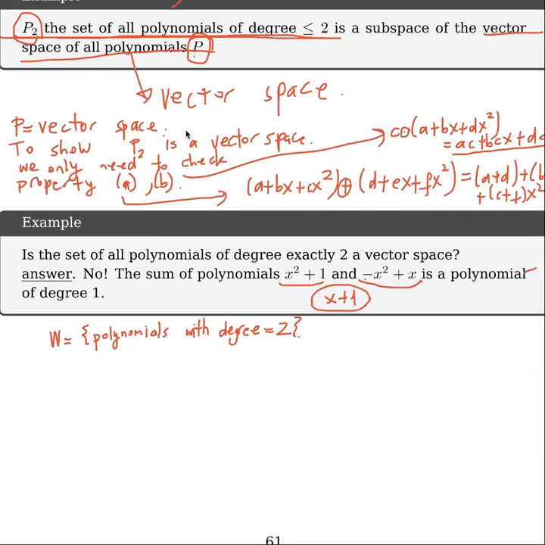Okay, so this set is not closed under vector addition. So this is not a vector space. Questions? No questions?